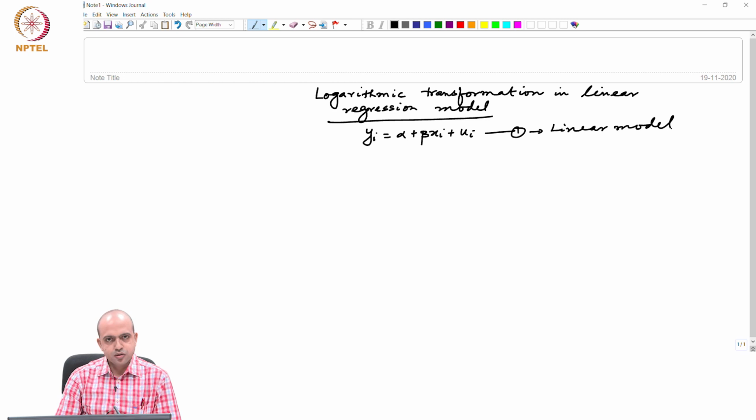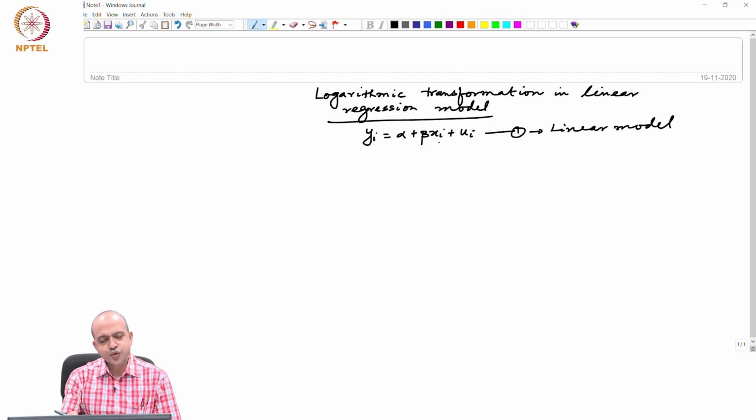But sometimes when you work with data or read your textbook or some applied research paper, you see that some of the variables, either independent or dependent, are transformed into log. There are three alternative ways to do a logarithmic transformation.